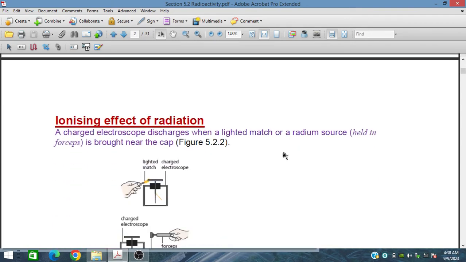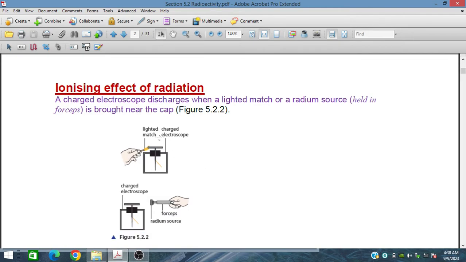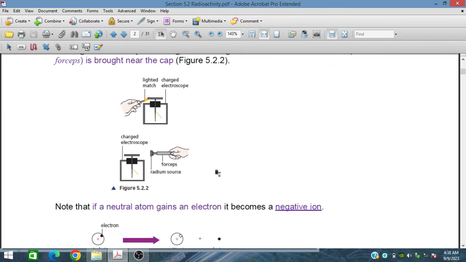Now, ionizing effects of radiation. A charged electroscope discharges. So this is a charged electroscope. When a lighted match or a radium source held in forceps is brought near the cap, the electroscope discharges. This is a lighted match, and it discharges.